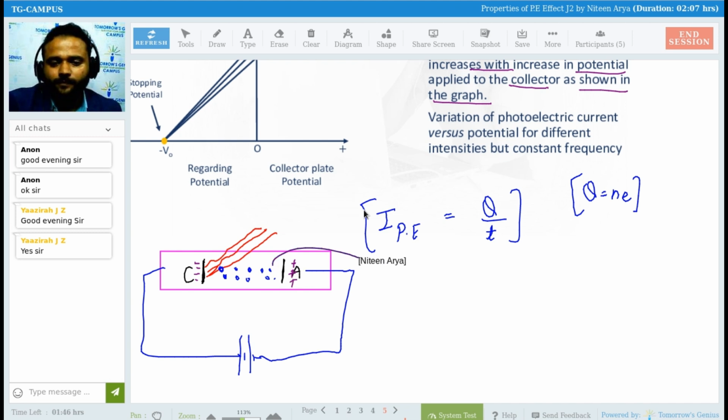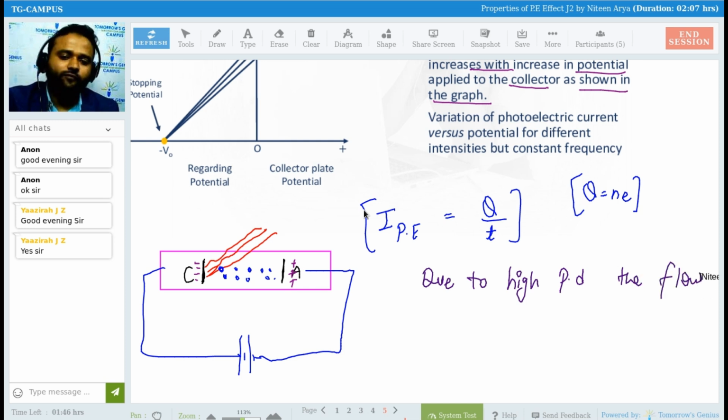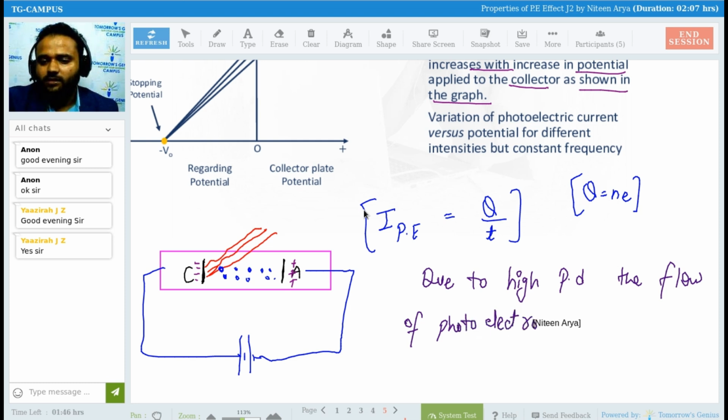So beta, when flow increases, what we can understand is that due to high potential difference, the flow of photoelectrons increases.